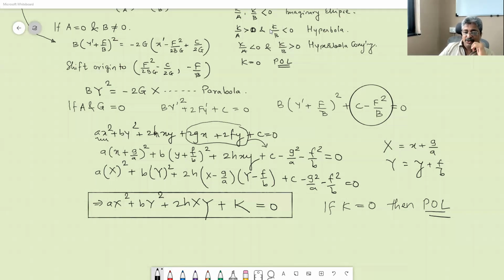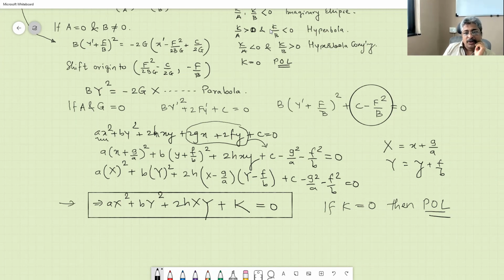If k is equal to 0, then it is POL passing through origin, and we called that POL asymptote, because now you can rearrange, you can rotate and get the conic sections, ellipse, hyperbola in place because of these two.